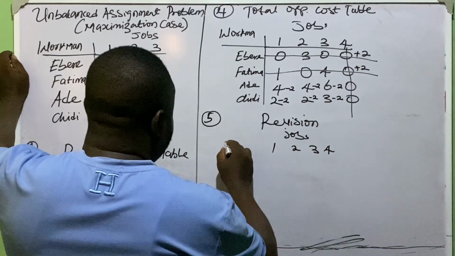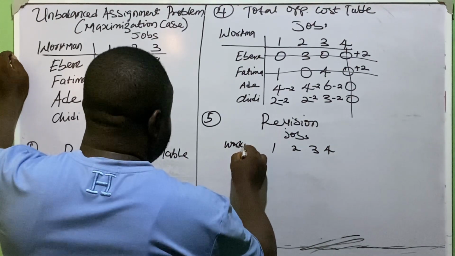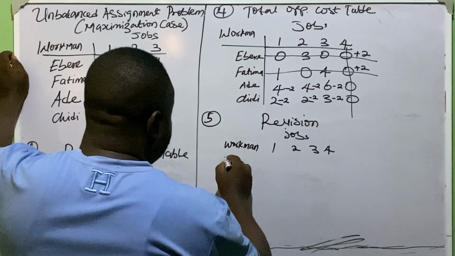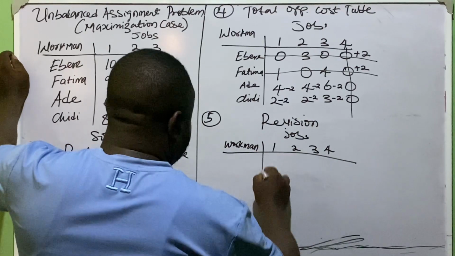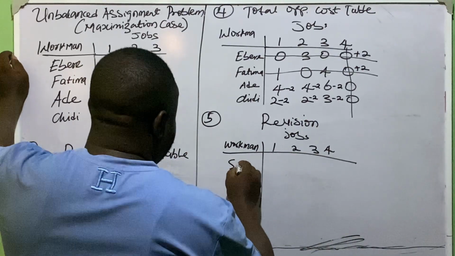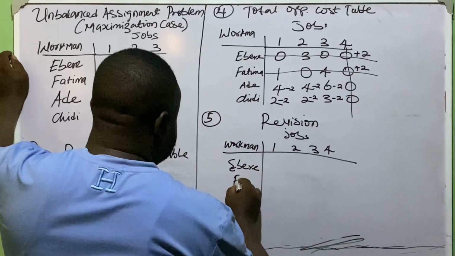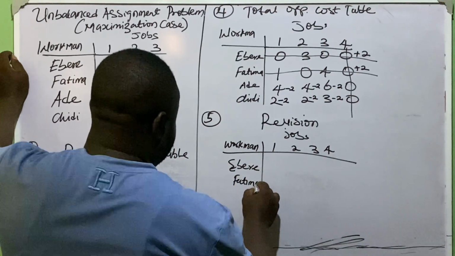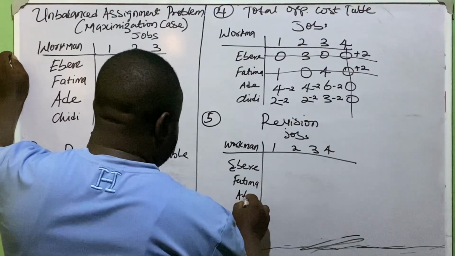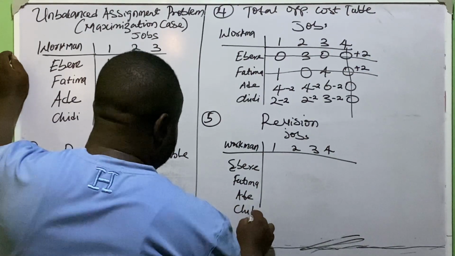We have a workman: Ebere, Fatima, Ade, and Chidi.